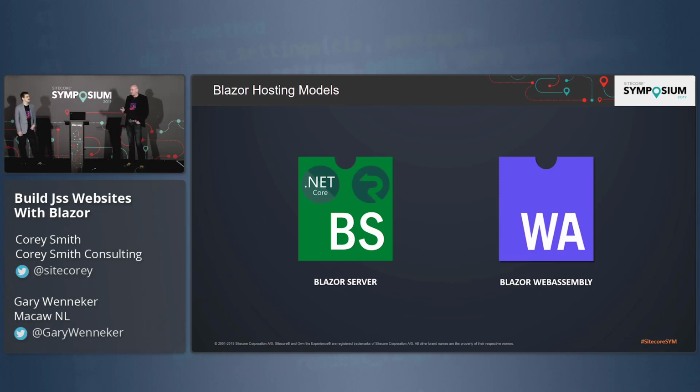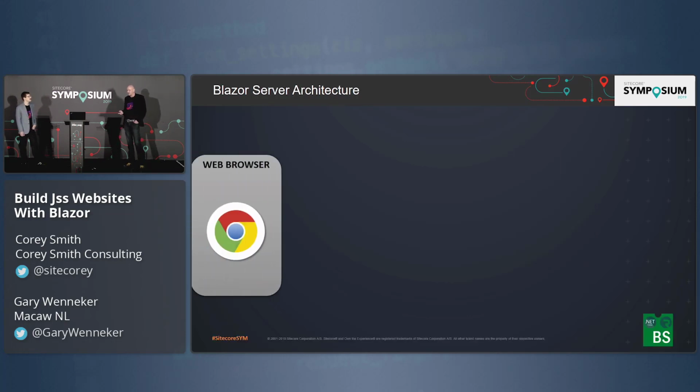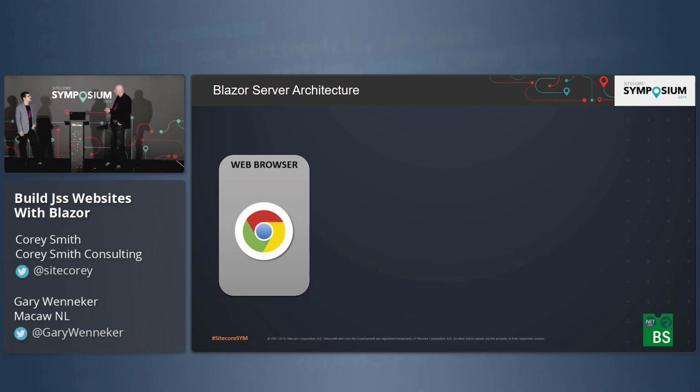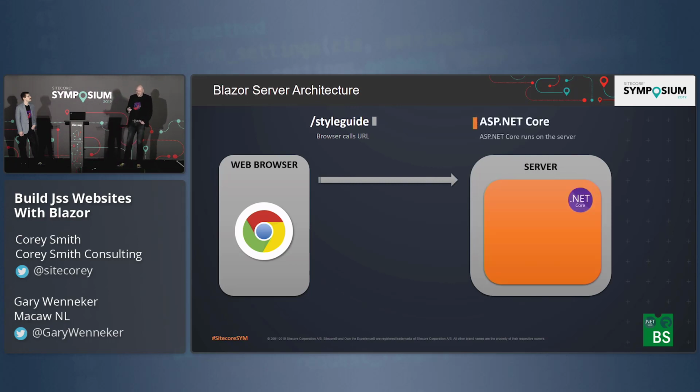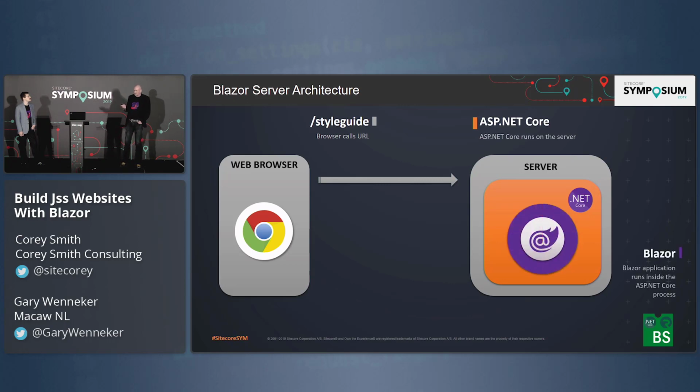So let's dive into how Blazor works. Let's say we have a web browser and we make a request to a page called Style Guide. This server is running Blazor and it renders our application and renders the HTML and we'll send it then back to the browser. This is the first call.